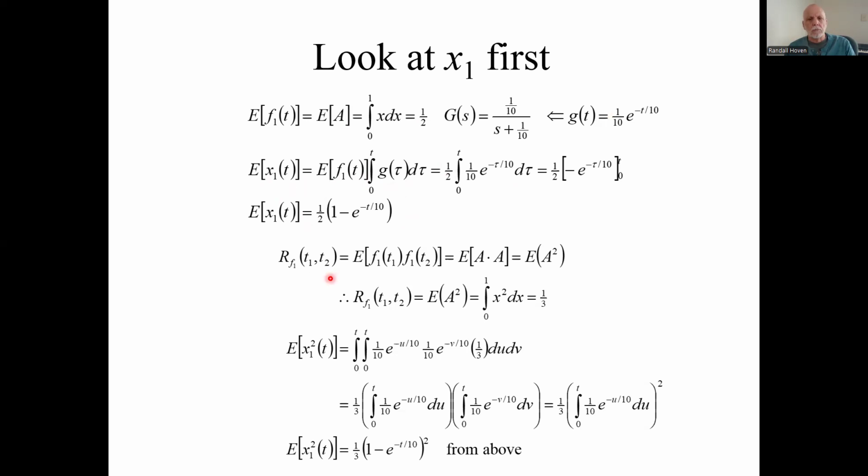The autocorrelation function of the input is this thing. Multiply the two inputs together, which means it's A squared, the expected value of A squared. And that is that same uniform distribution. It's a third. Let's see, do you need that? We had a formula for the mean square. What was it?